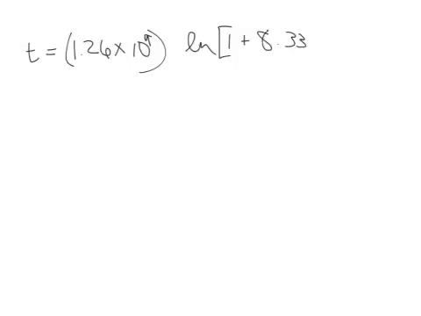But they give us the age of a rock, T, as 1.26 times 10 to the 9th ln in brackets 1 plus 8.33, now there's no way I've got this memorized, A over K over ln of 2. That's the formula. That's not one that they came up with for this particular problem. That's the formula to find out how old rocks are.